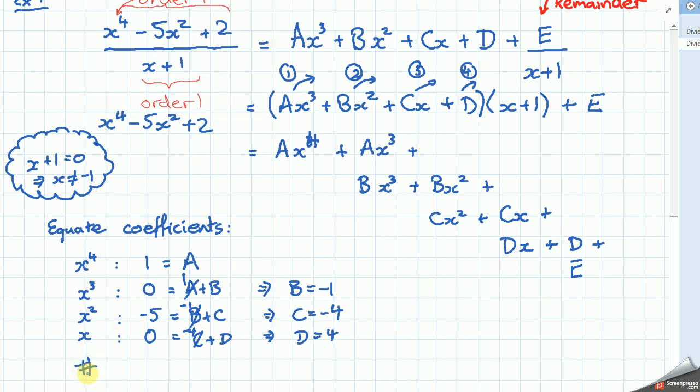This is at the point where I realised I'd made a mistake, is I didn't have a number term to calculate. The number term 2 is d plus e. And that leads to e. So that's got a 4 on it. So that leads to e being minus 2.